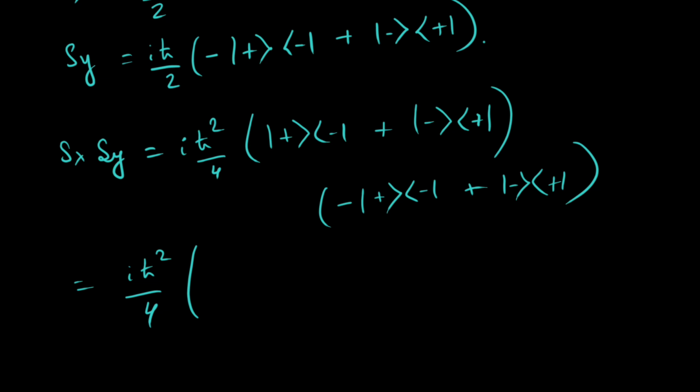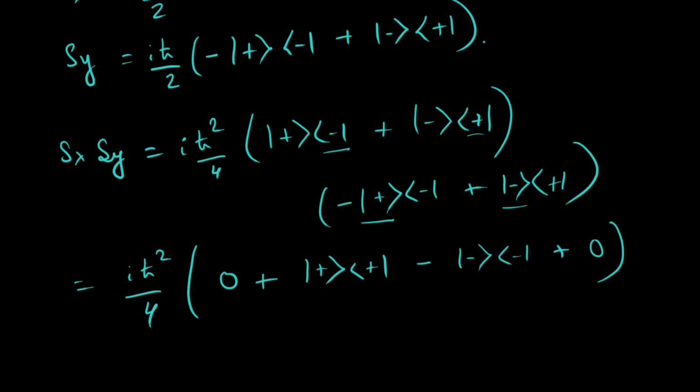So multiplying this with this would have an inner product with this, which would become 0. Similarly with this it will become plus and plus. Then this with this would be minus and minus, and the last one would be this with this, so it would be 0.